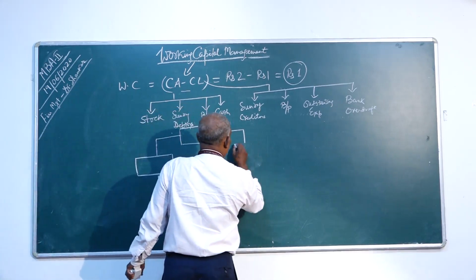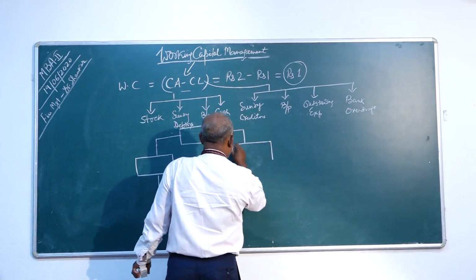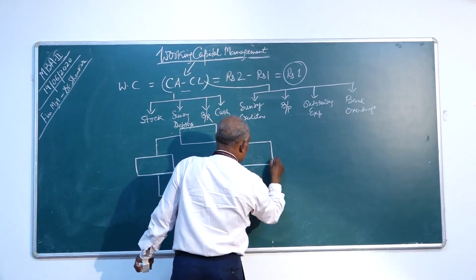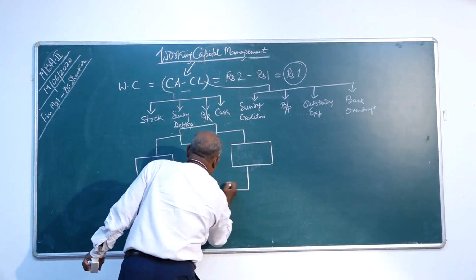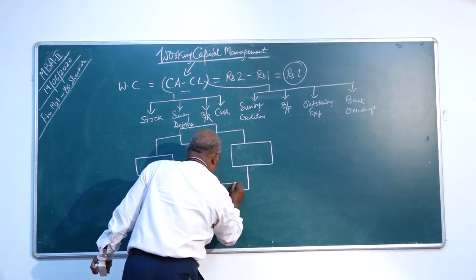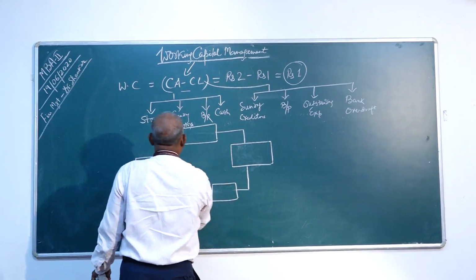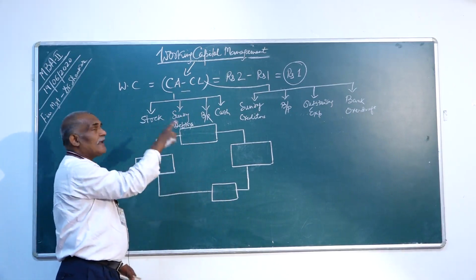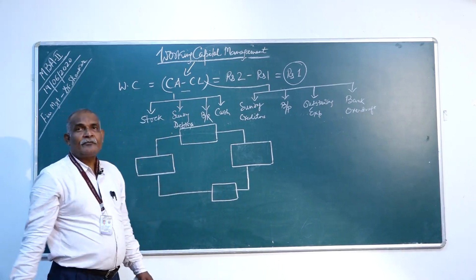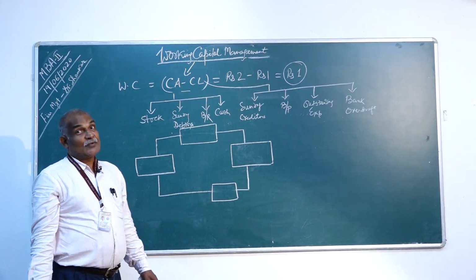So we just create the cycle, and in the cycle just see what is happening. This is your operating cycle. In this way, a manufacturing organization will run smoothly.